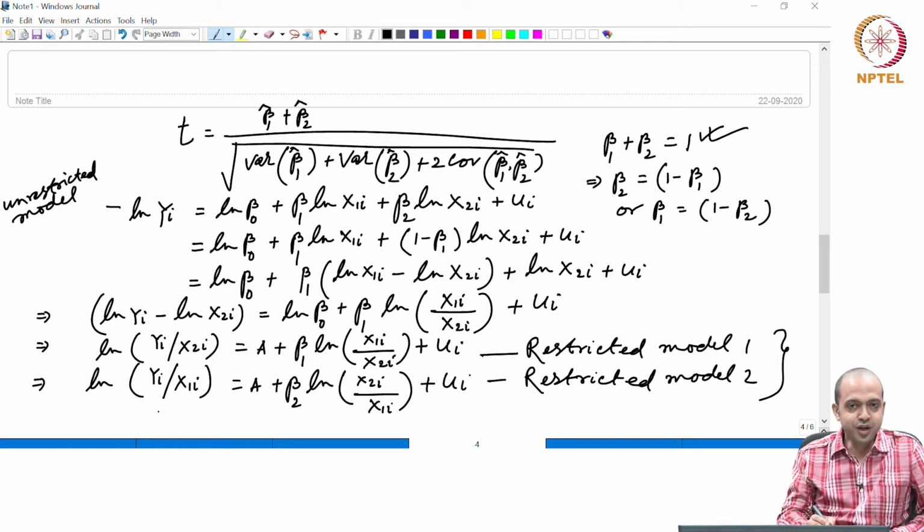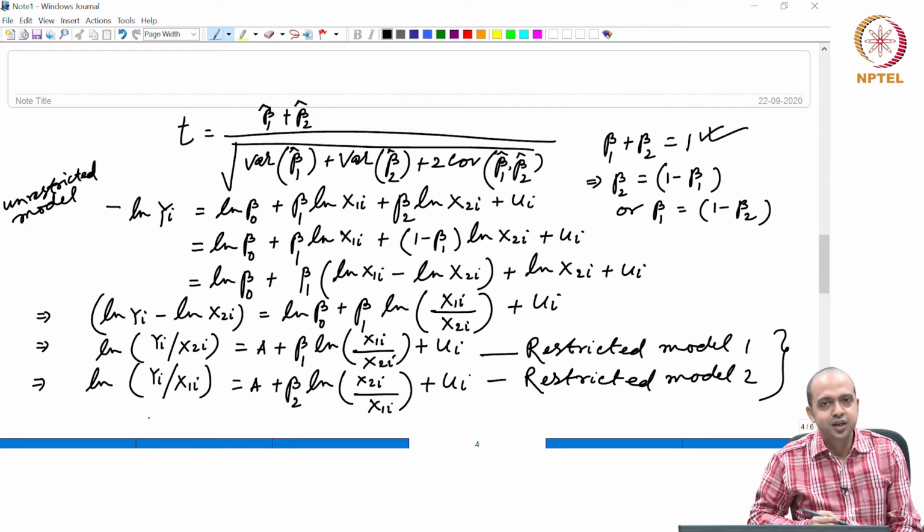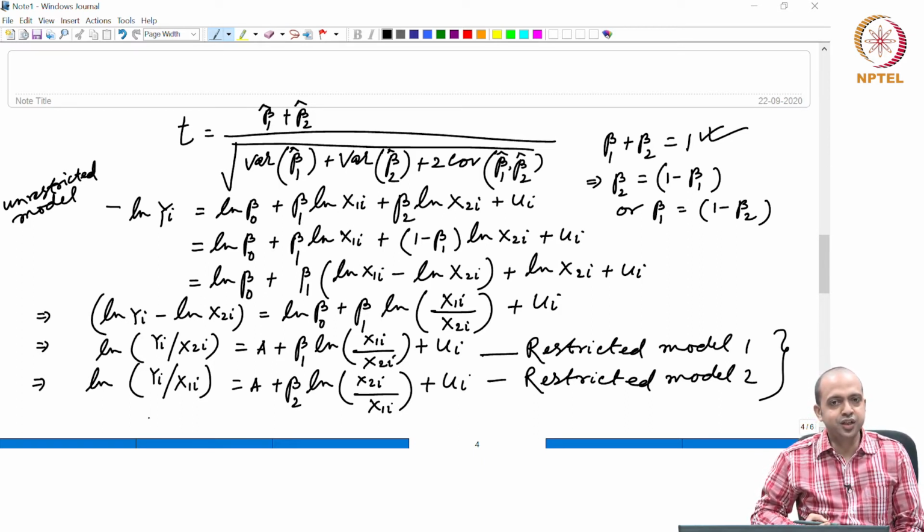And when the dependent variable of the two models is not the same, please keep in mind that R square is not comparable. Because what is R square? R square is basically the proportion of the total variation in the dependent variable that is explained by your explanatory variables.